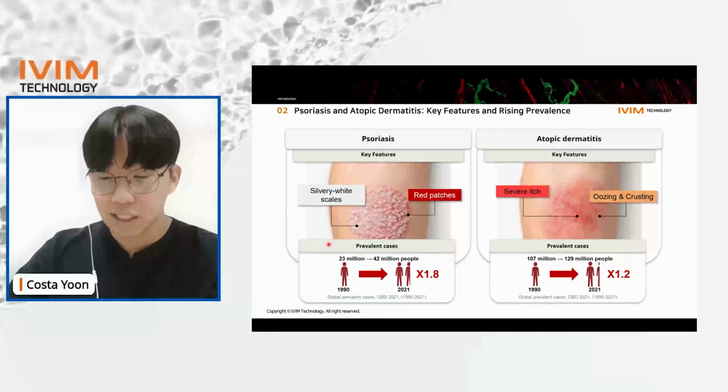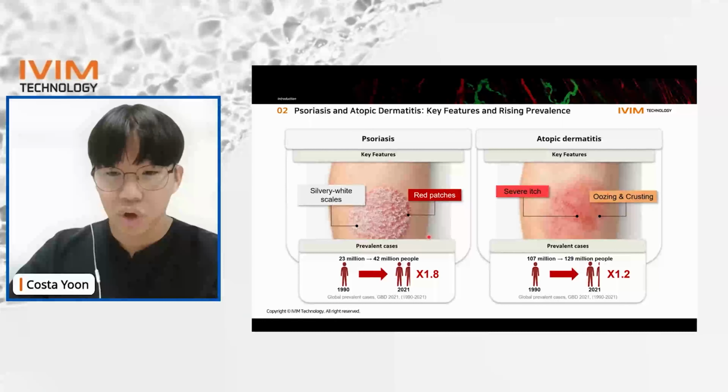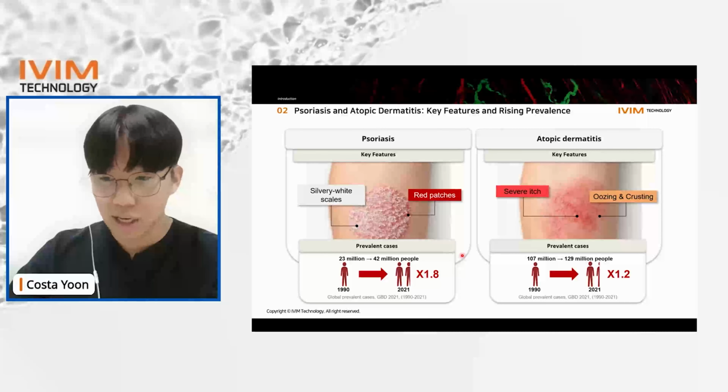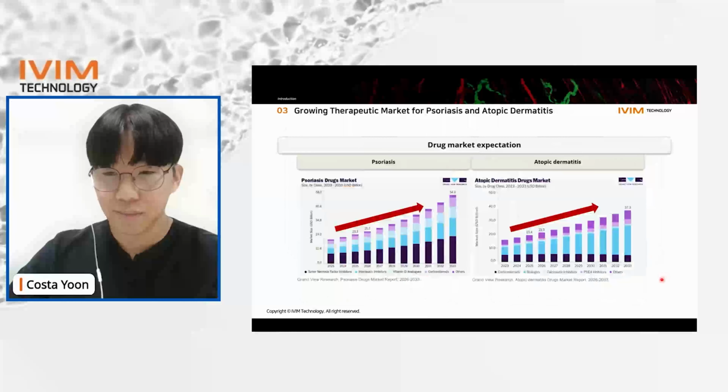From 1990 to 2021, the number of patients with psoriasis and atopic dermatitis increased by approximately 1.8-fold and 1.2-fold respectively. These trends clearly indicate that the global burden of immunodermatological disease continues to rise.